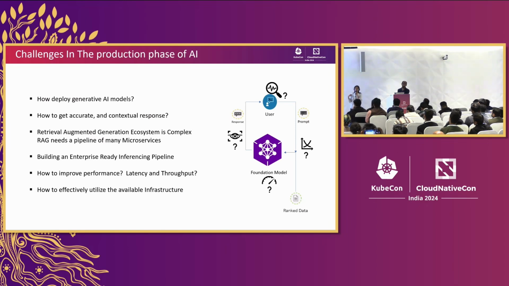Or how many images can I do inferencing on per second or per minute? So there are these enterprise level metrics that I want to achieve. If I have such goals, how do I do it? It's like working backwards. And of course, finally, it's all about effective utilization of resources.